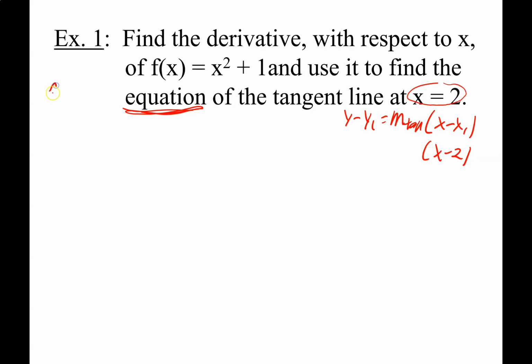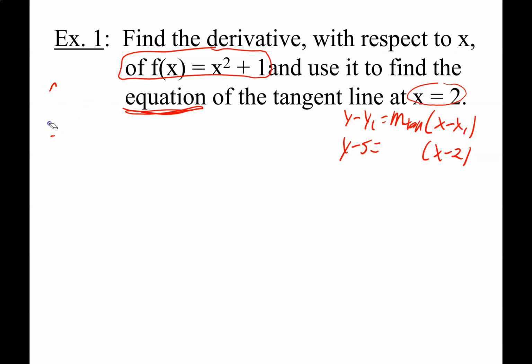To do that, I just plug into f of x. So I want f of 2, and f of 2 is going to be, instead of x squared plus 1, 2 squared plus 1, that's 5. Okay, that's taking on the easy stuff.